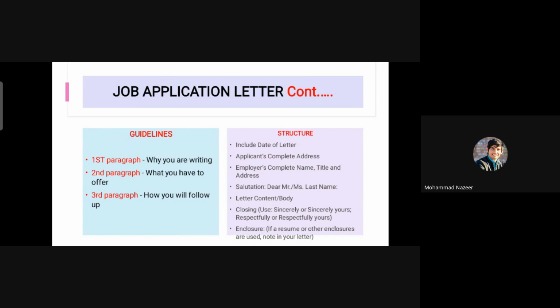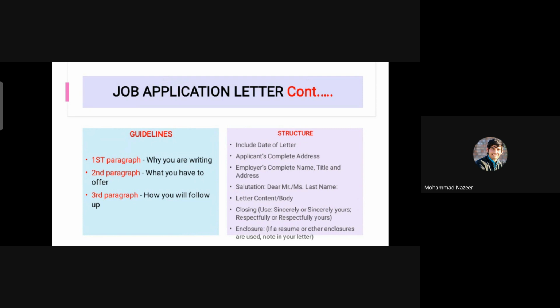If we have to structure our letters, this is how it should be done. The guidelines are: first, in the first paragraph, why you are writing to that company. Second, what you have to offer. Whenever we are going in front of a company, we always make sure that we sell ourselves.